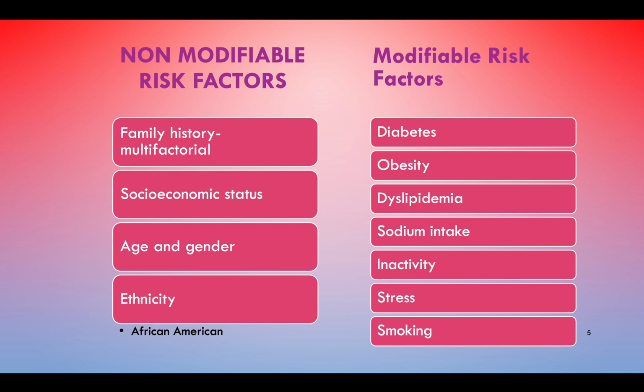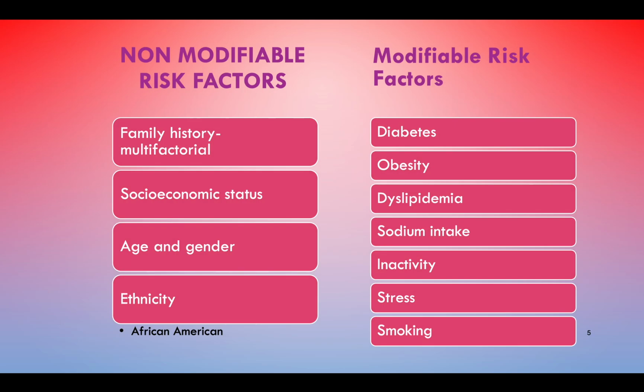Now, there are non-modifiable risk factors and modifiable risk factors. Those things that are non-modifiable, these are the types of categories in which we look at individuals and say, okay, you fit within this category, and so you need to have education about how to manage blood pressure and monitor yourself for blood pressure. So if we have a family history of hypertension, individuals who have a lower socioeconomic status have been known to have a higher blood pressure.